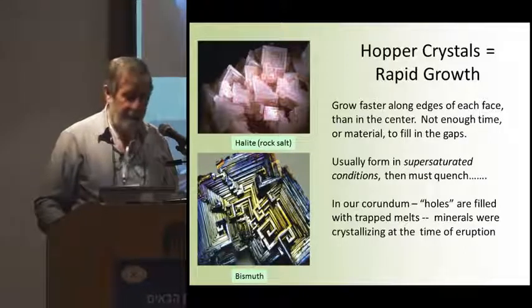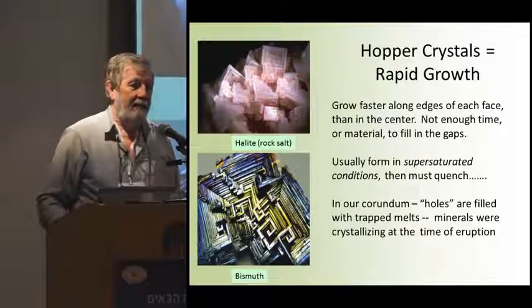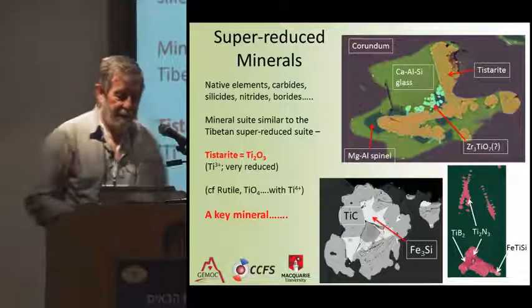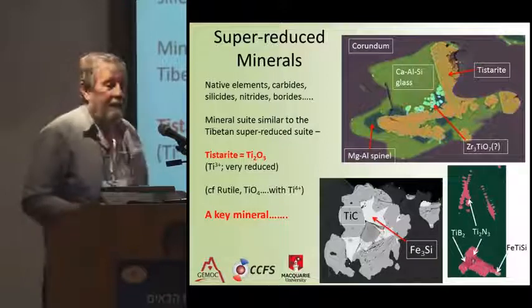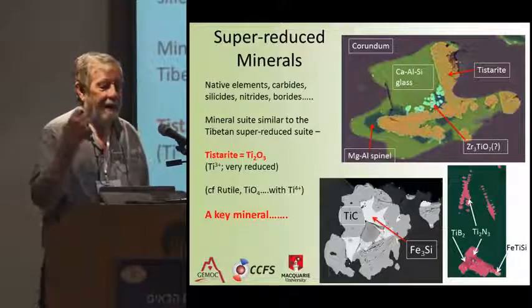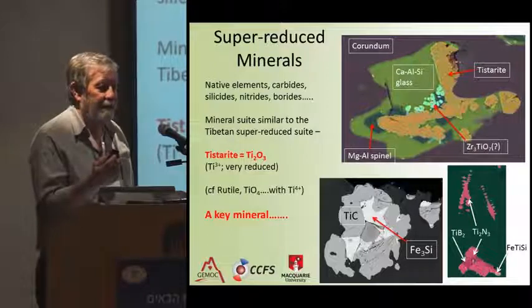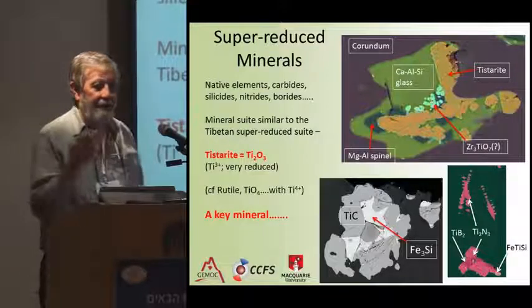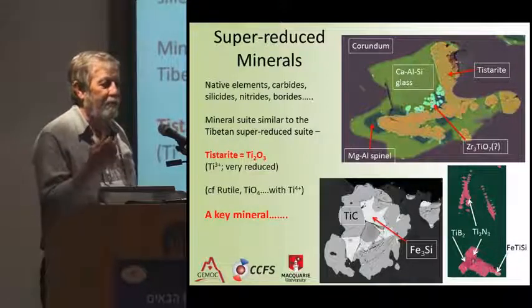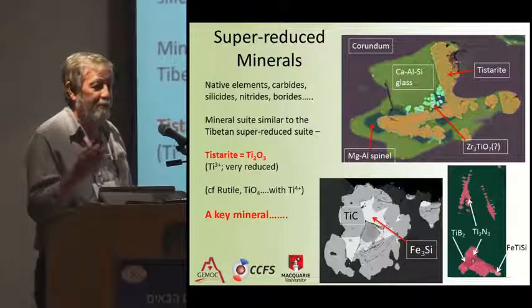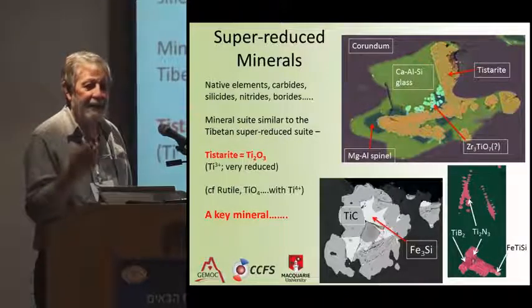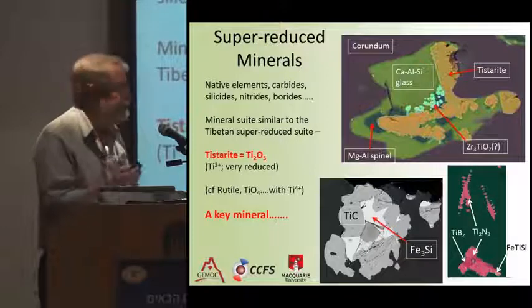The melts turn out to be quite amazing because they are full of an unusually super reduced mineral assemblage, which I'm going to show you. We now know that it's not unique on Earth, but this is certainly the first place where anybody's been able to see it and identify it and study it in any detail.